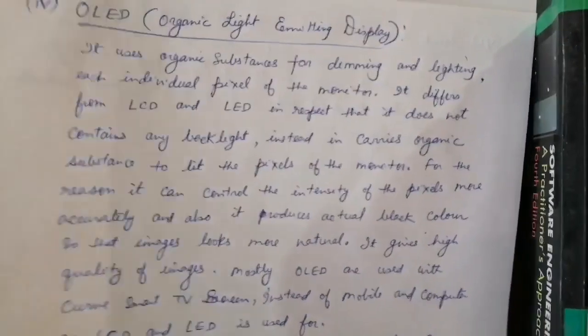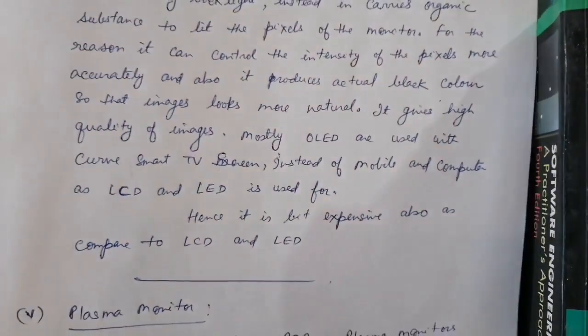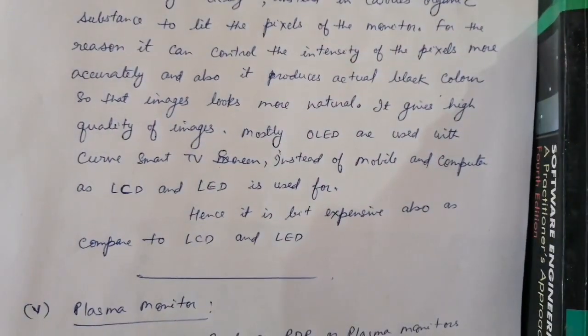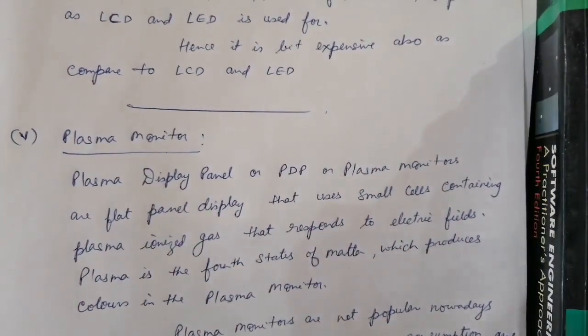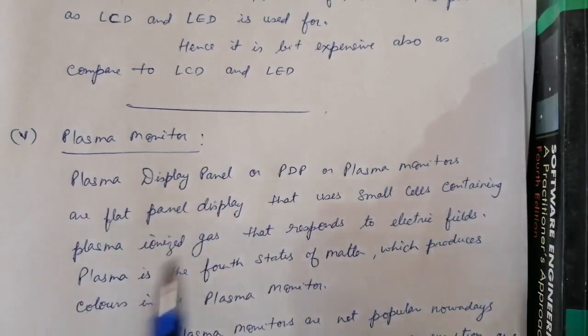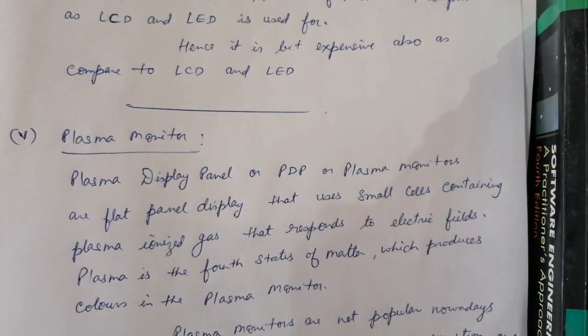Then next is plasma monitor. So it is also known as PDP, or plasma display panel. It has a flat panel, but it is bulky, meaning it weighs more than LCD, LED and OLED, right?